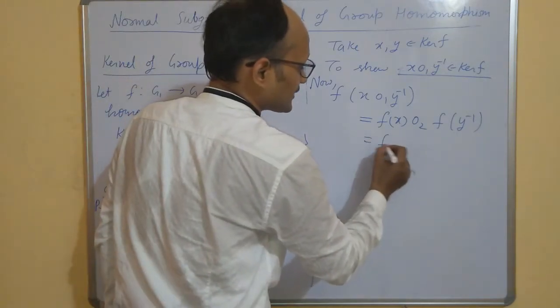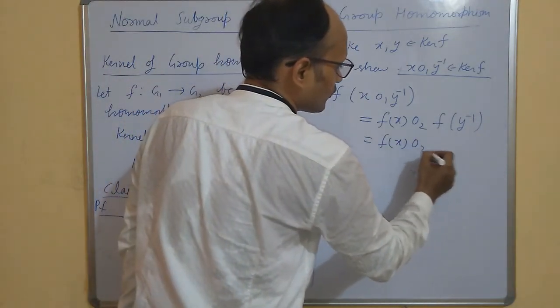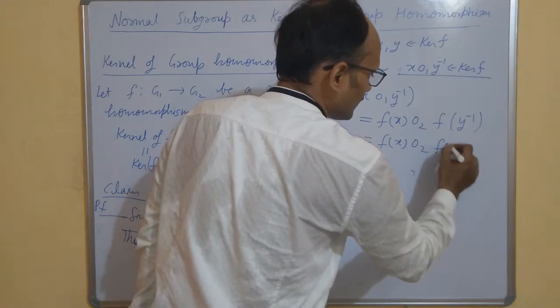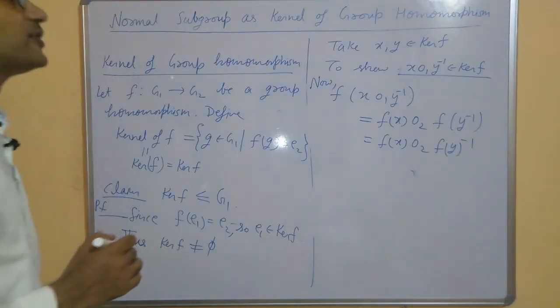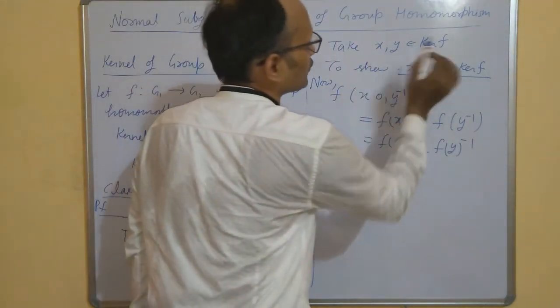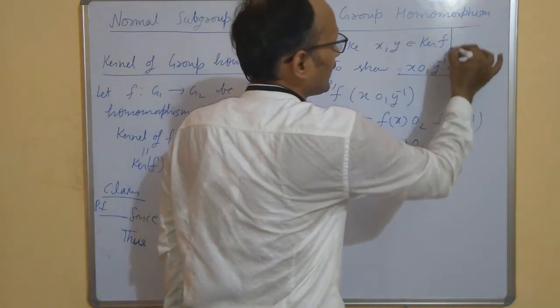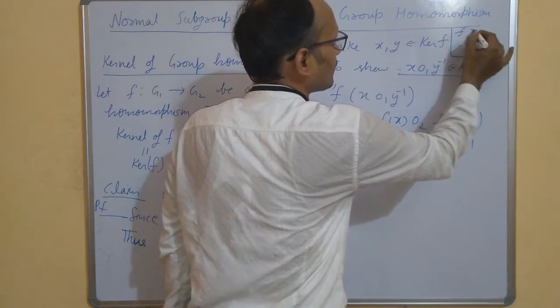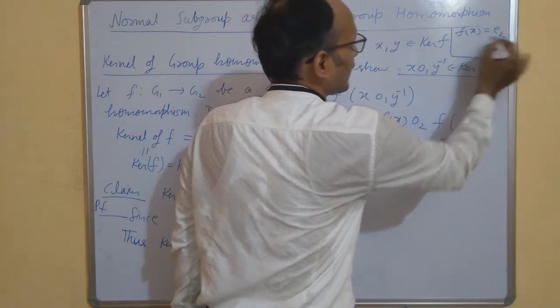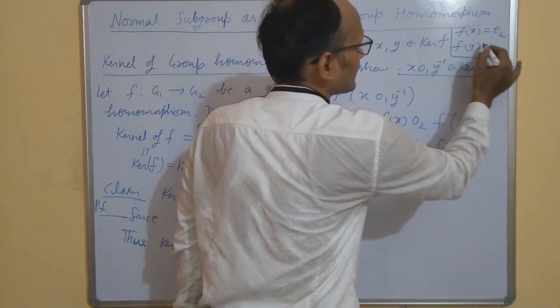So we can write it as f(x) O2 f(y) whole inverse. Now think about one thing, that x belongs to kernel of f. What does it mean? x belongs to kernel of f means f of x is equal to E2, and y belongs to kernel of f means f of y is equal to E2.